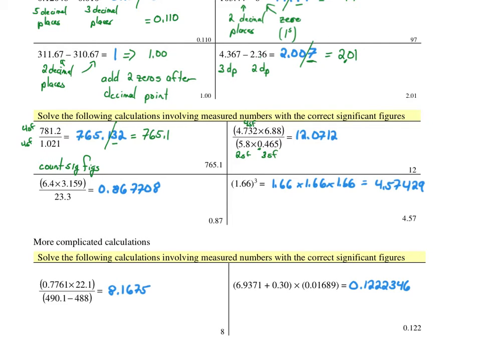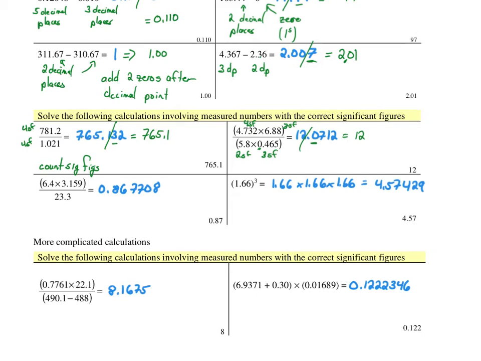They're all digits 1 to 9. And this number has 3 sig figs. So the least number of sig figs we have out of all these numbers is 2. So we report our answer with 2 sig figs. Note that I've rounded down because the first number after the drop digit is less than 5.